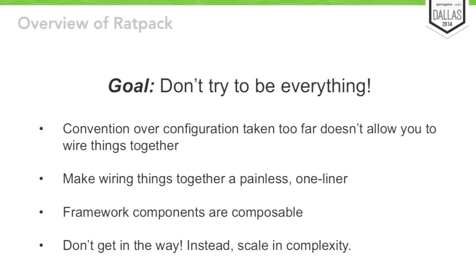So Ratpack's modularity solution, this idea that the framework is going to be composable, means that it can scale in complexity. As the complexity of the application grows, as we're adding more and newer features to it, we're able to scale, right? Because everything is brought in as a module. Things are not mounted on top of each other. They're composed gracefully and beautifully, I might add.